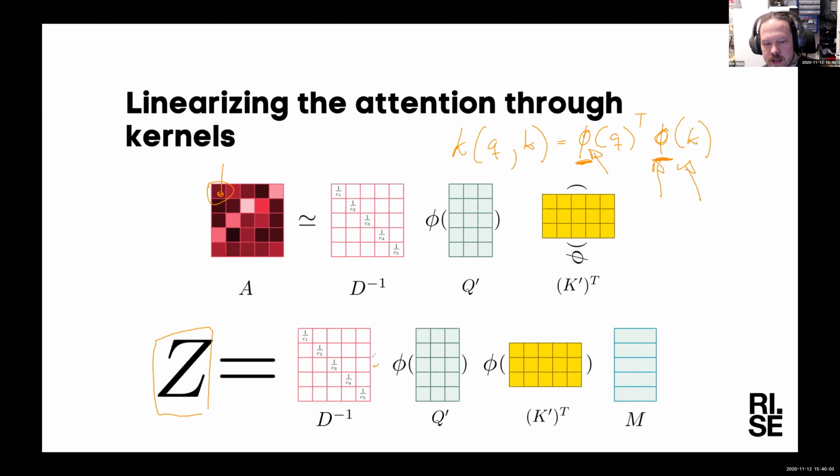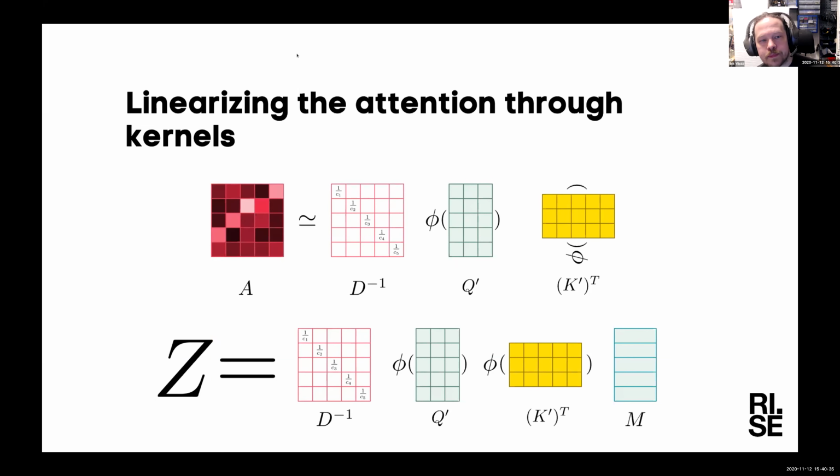Previously we had X here like this, which meant that we couldn't do this trick of multiplying this matrix with the memory before multiplying with this Q matrix. But now if we can approximate this attention matrix using this dot product, then suddenly that's something we can do. So now we can perform this multiplication beforehand. And that's really the key idea behind the Performer paper.